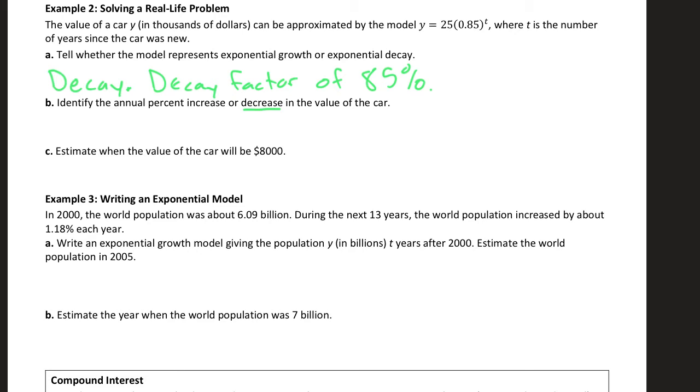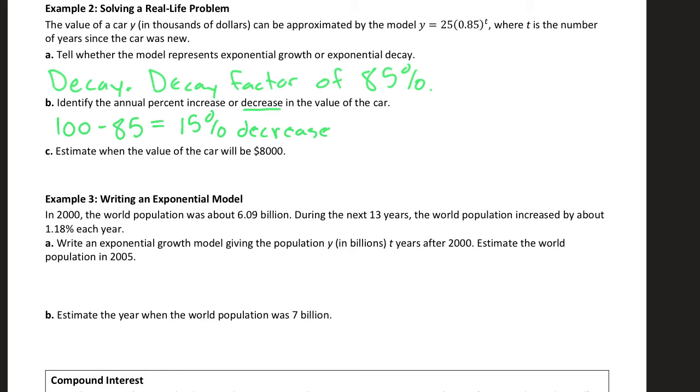If I'm left with 85% of something, how much percent was lost? I would take 100% minus 85%, so it would be a 15% decrease. The car decreases in value by 15% every year you own it. So it should make sense that the first year of a car is when it depreciates the most.